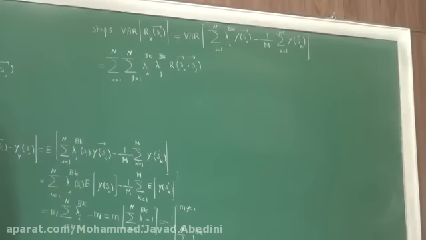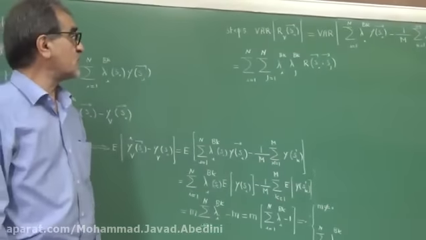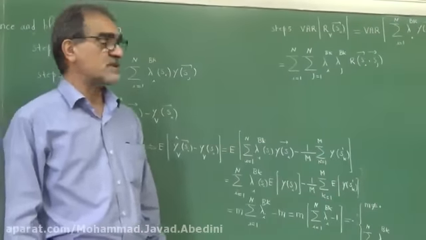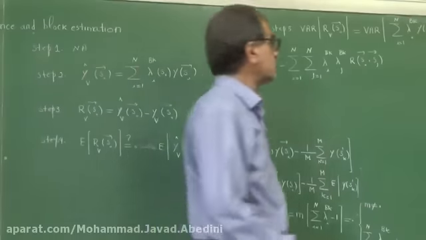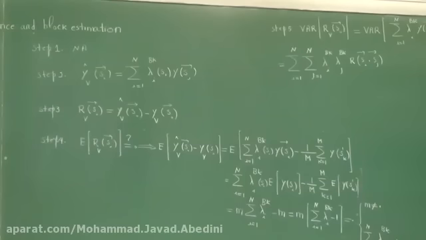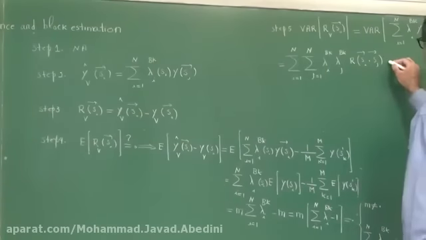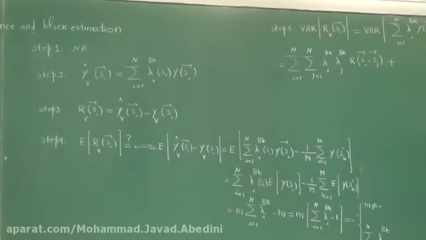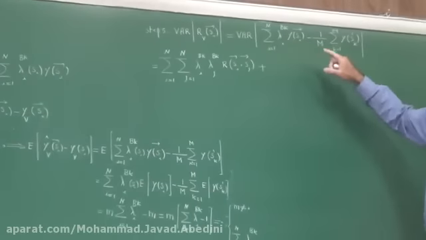And now Mr. Iliati would like to tell us what would be the variance of the second term. What you need to do is to bring this inside, and then this is a linear combination, just like this. Instead of lambda, you have 1 over n.